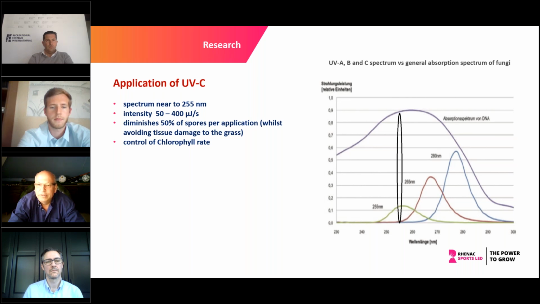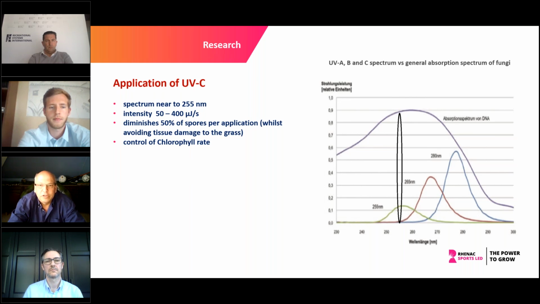It shows that there is a peak where absorption into the DNA of a fungus can be achieved, and typically that is within the UV-C spectrum, where UV-C peaks around 255 nanometers, as you can see on the green line below. The brown and the blue lines are the peaks for UVB and UVA. And even the blue spectrum, more to the right-hand side of this graph, helps in attacking the DNA of those lower organisms.